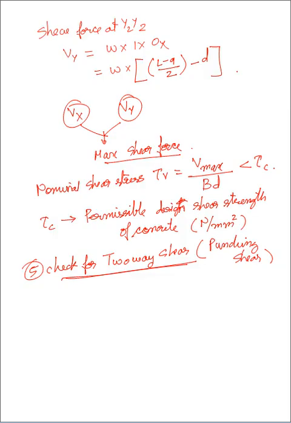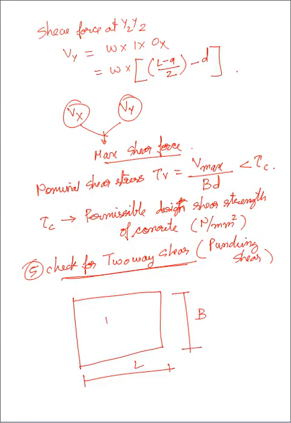Okay, so here also let me draw the figure. See, this is my L, this is my B, and these are the dimensions of the column, a and b. Okay, now here also what am I supposed to take? Critical section.